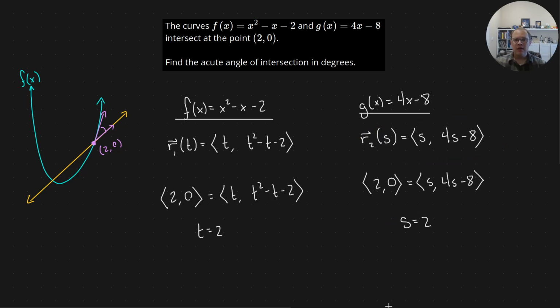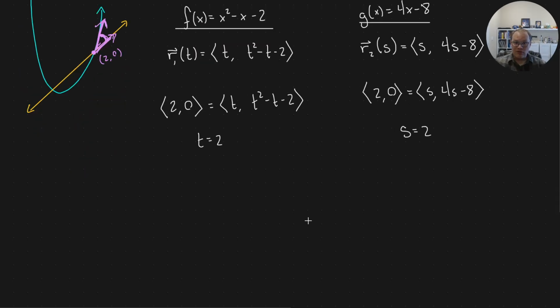So now that we know when we hit the point of intersection, we need tangent vectors at the point of intersection. Once we have those tangent vectors, we can use the dot product to find the angle between them. That's the plan. So to find the tangent vectors, I need the derivative of each of these vector valued functions.